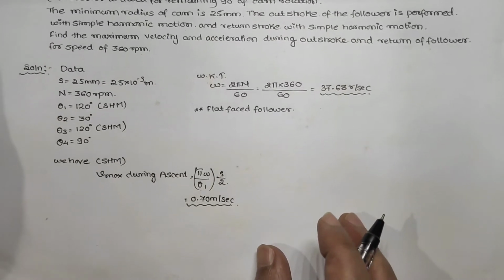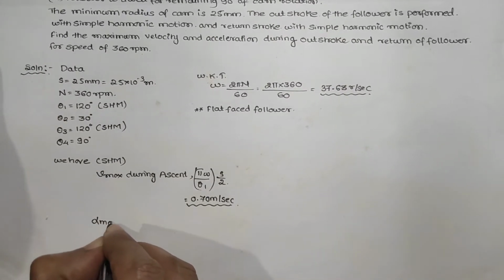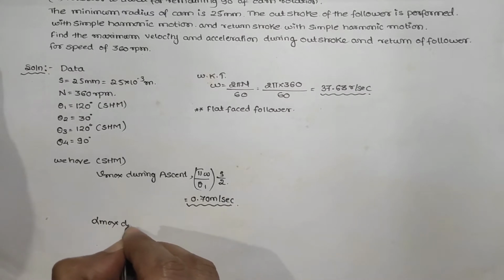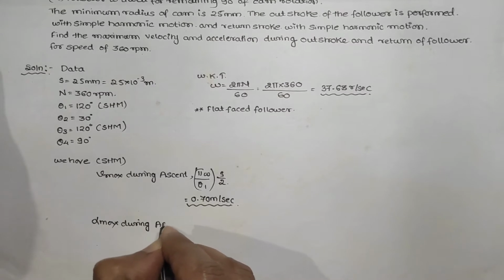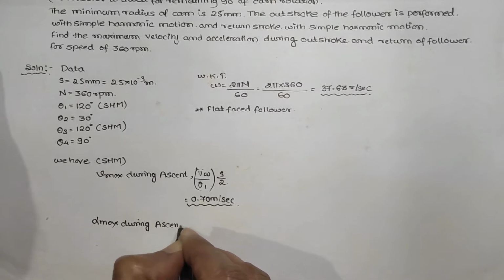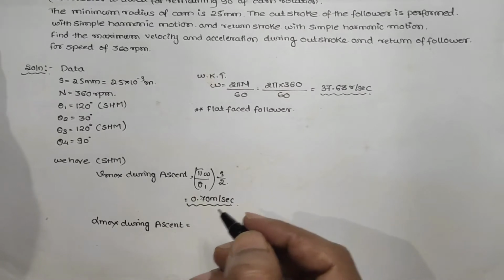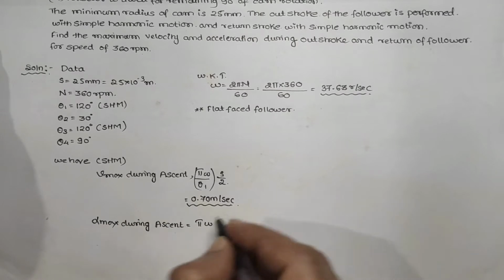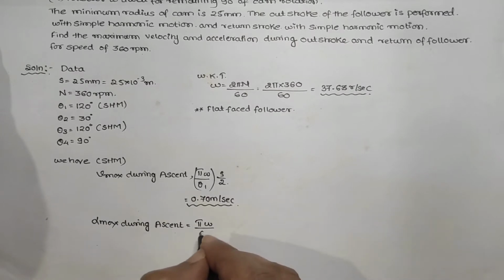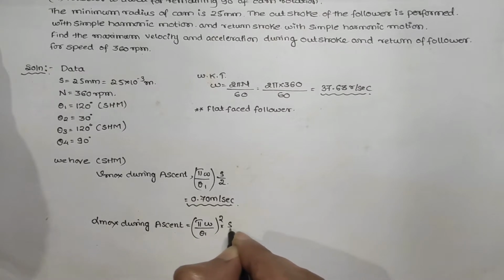Then similarly, alpha max during ascent equal to pi omega divided by theta 1 to the power 2 into S divided by 2.